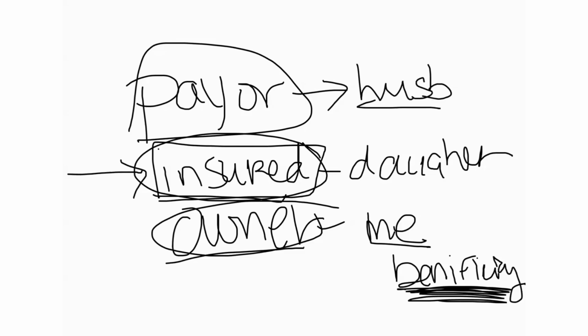And now, if my daughter dies, who is the beneficiary? So let's say I am the beneficiary on that too. So I would get the money. So you understand these concepts: owner, insured, payor, beneficiary. Now I'm just going to go through one more concept and then I'm going to turn it over to Russ. The beneficiary.